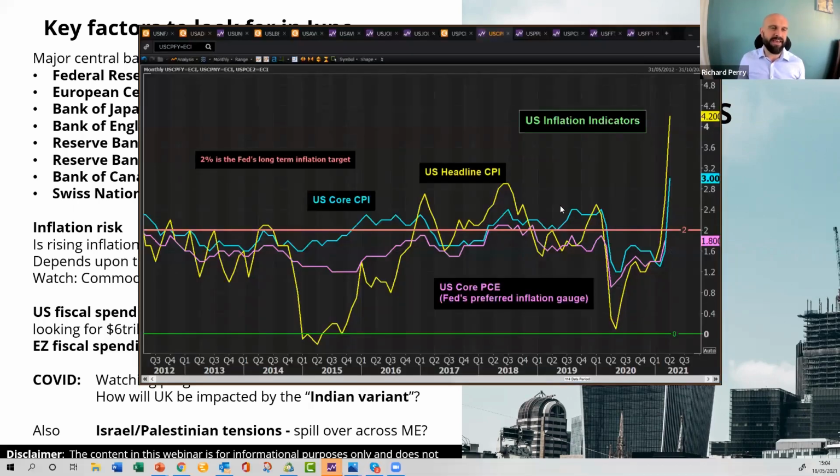You can see here the chart of US inflation, and it started to rocket higher, certainly on the headline CPI and core CPI basis. We're likely to see also the core PCE, the core personal consumption expenditure, which is the Federal Reserve's measure of inflation, start to accelerate higher.